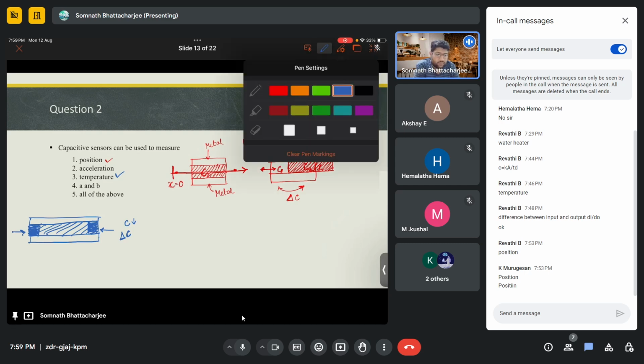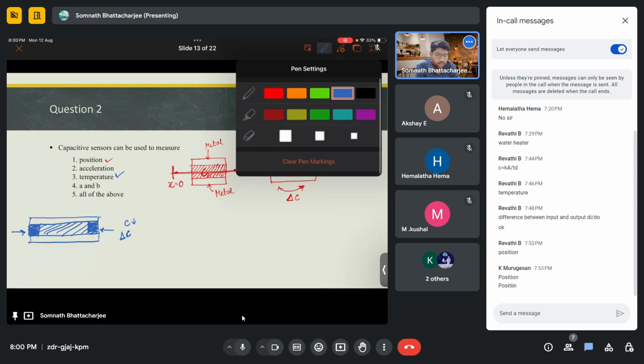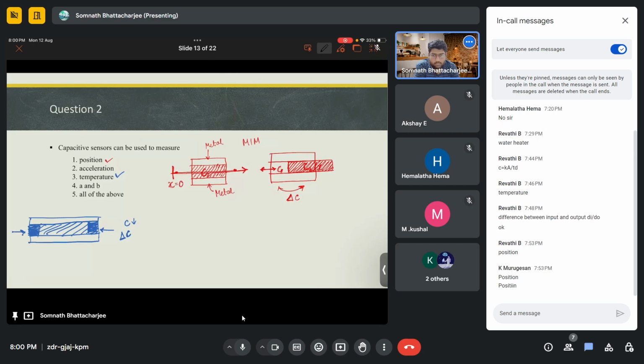The answer is yes, we can use it. The main answer will be all of the above, and for acceleration it is yes. So any idea how to use a capacitive sensor to measure acceleration?